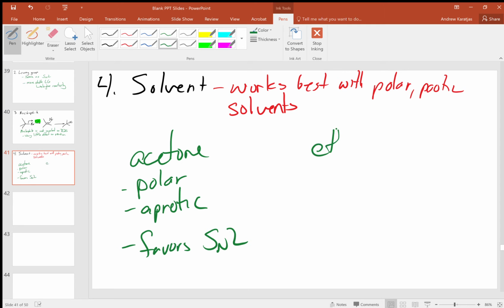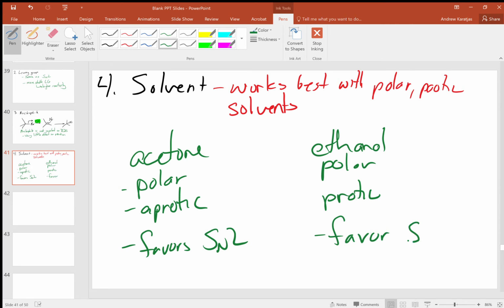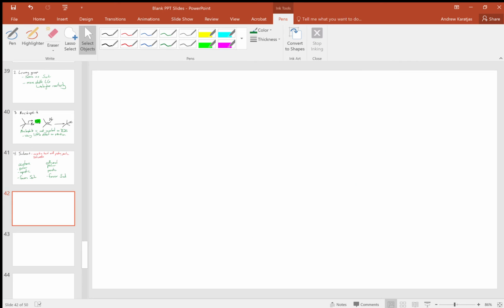Whereas ethanol is also polar but is protic and will therefore favor SN1. So why is it that polar protic solvents favor SN1?